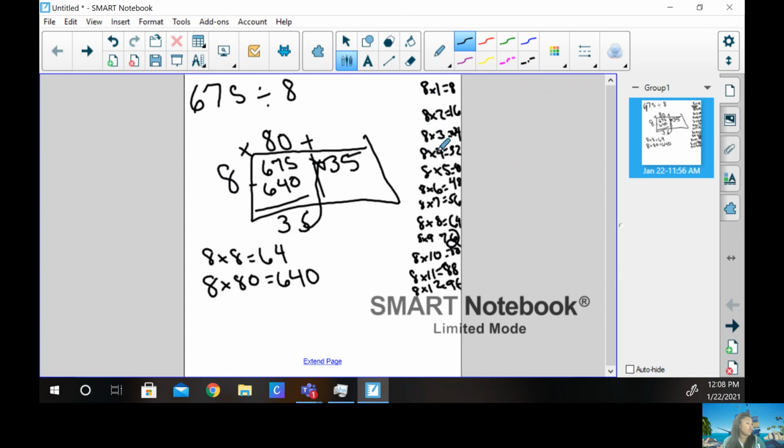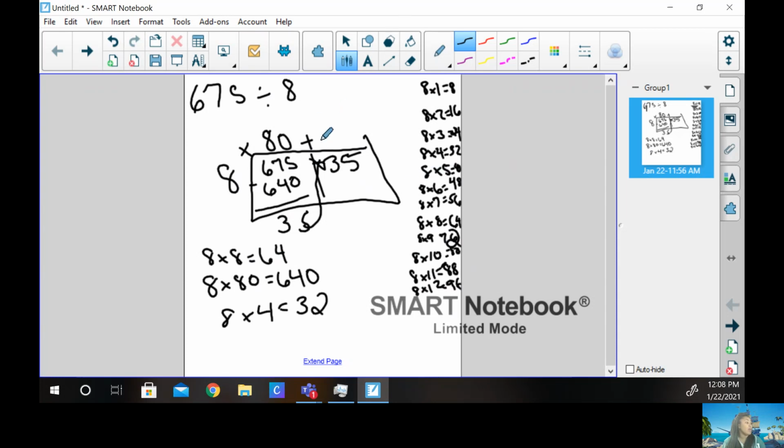And I know 8 times 4 is 32, and 8 times 5 is 40. So I'm going to go ahead and go with 32. It's because I know 8 times 4 equals 32. I am not going over 35, and 8 times 5 is 40, which makes me go over.